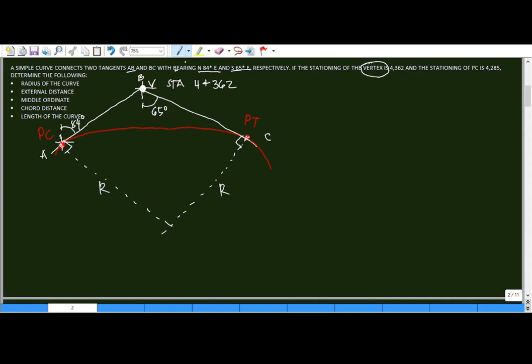Again, I have discussed with you the stationing if we are using metric system. And ang station ni PC is 4,285. Okay? Yan yung given. Meron pa bang given?